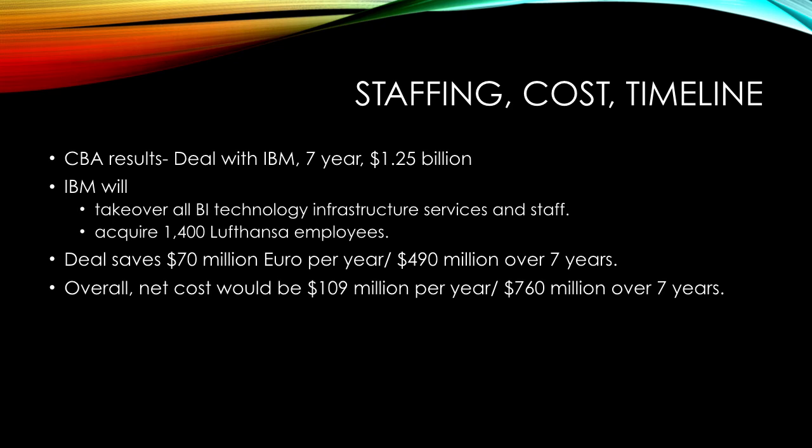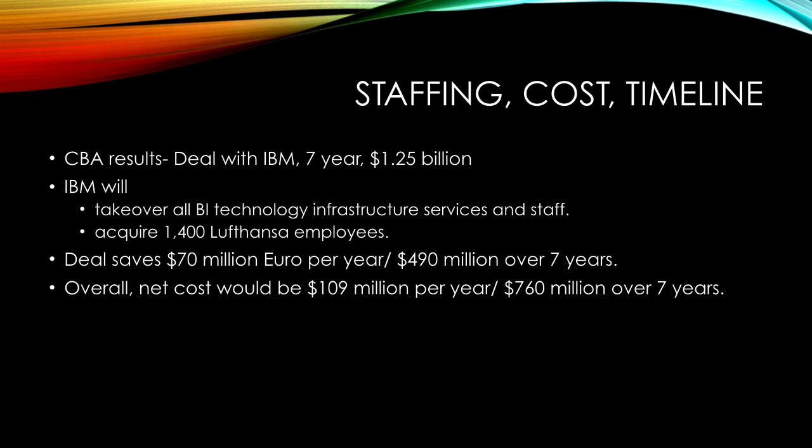Staffing, cost, and timeline. The cost-benefit analysis results. We have a deal with IBM proposed that's a 7-year, $1.25 billion total deal. And in this plan, IBM will take over all BI technology infrastructure services and staff, to include acquiring 1,400 Lufthansa employees.